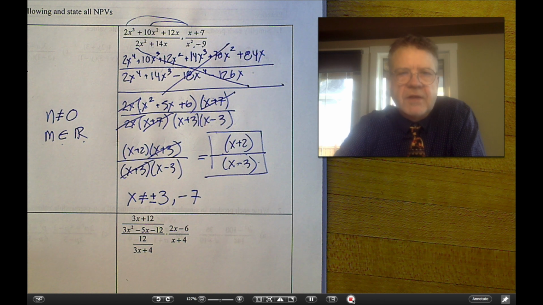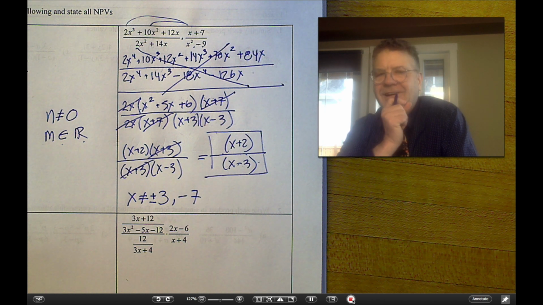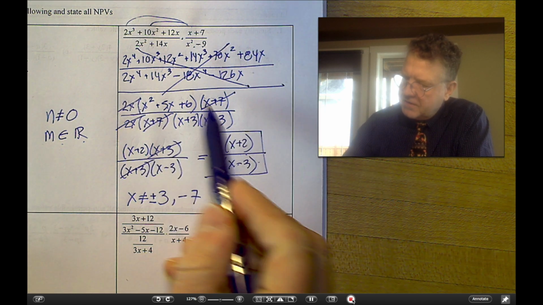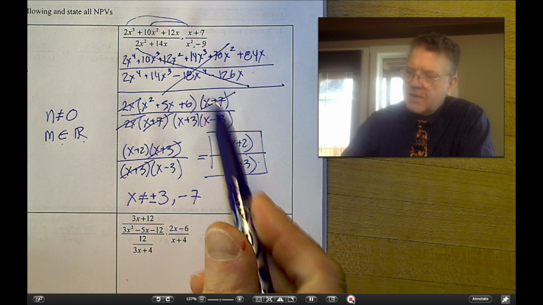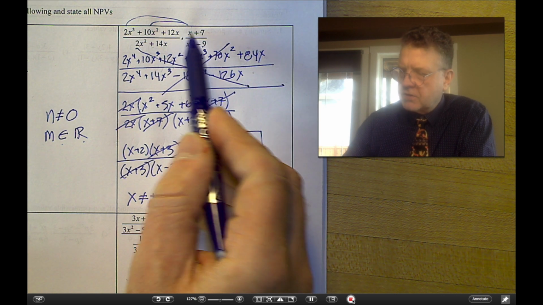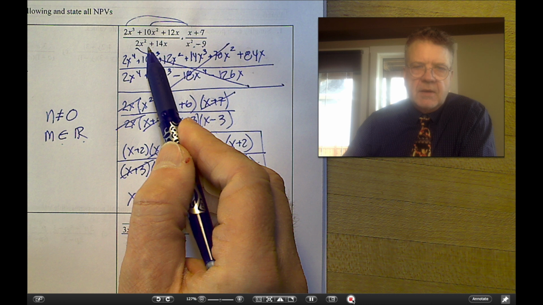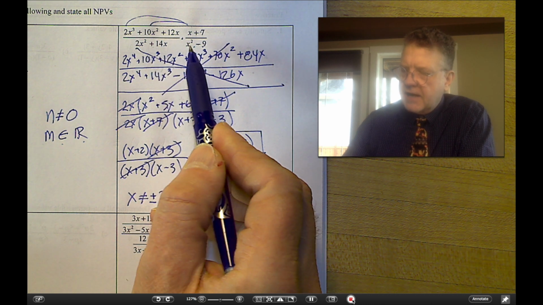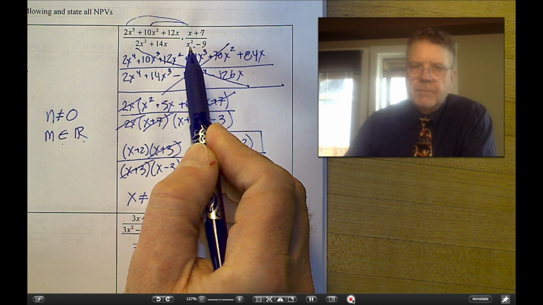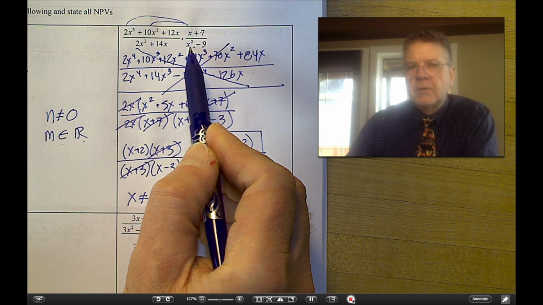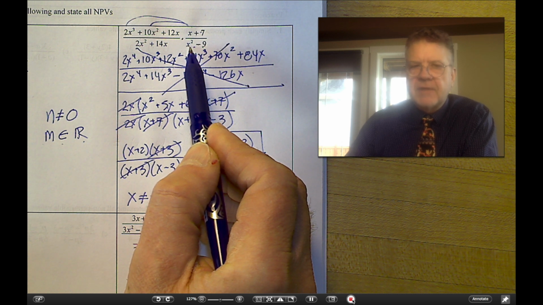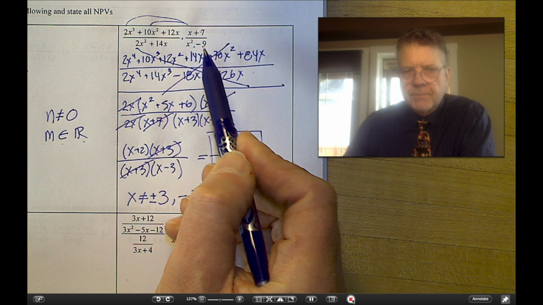Oh, good, done. No, they're not. We've dealt with this expression, this expression. We have to go now and look at the original expression up here. Is there any limitation on x over here? What if x were 0? 0 minus 9 would be negative 9. Okay, no, that's fine. We're good.